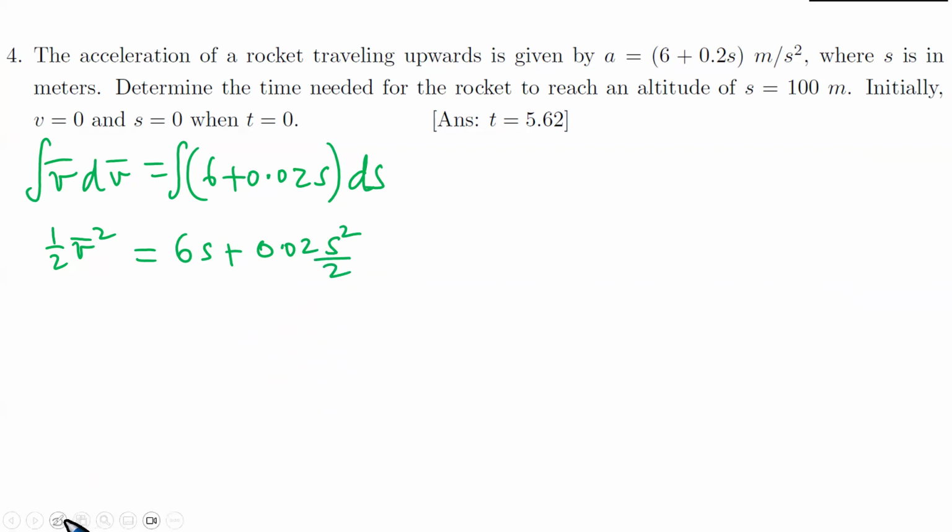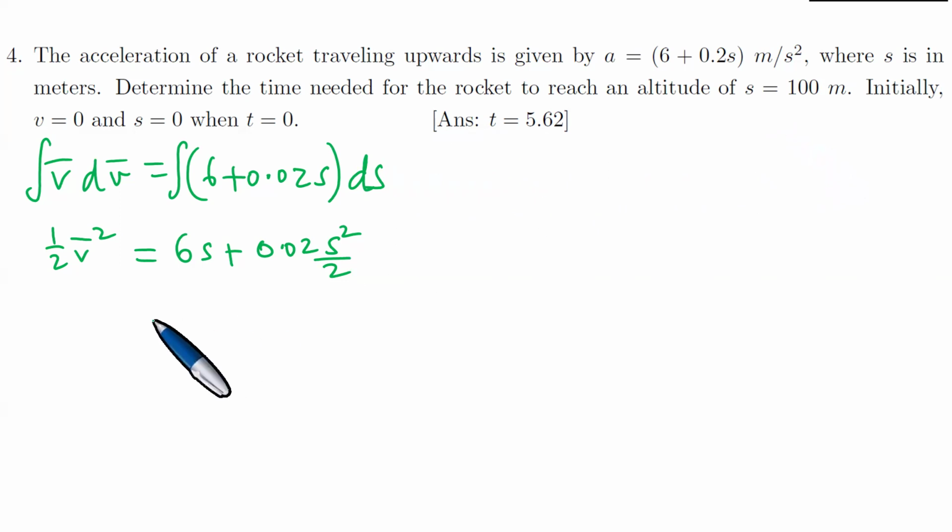Upon looking at this very carefully, this symbol remains v, and we're able to determine what we want. What do we need here? We need to determine the time for the rocket to reach an altitude of that much.